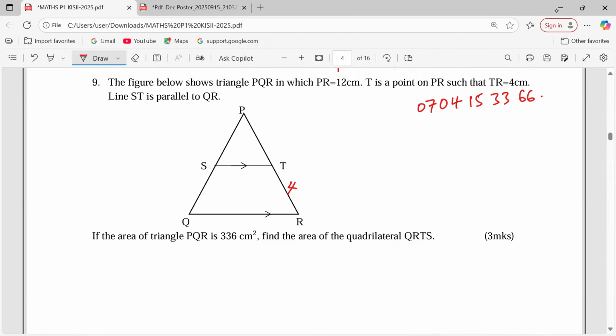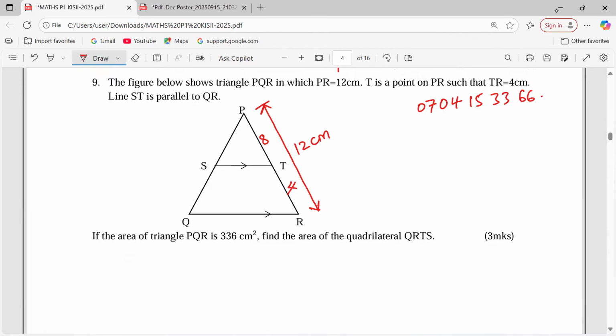So this is not, again, a simple question. People are supposed to analyze it with a lot of carefulness. PR is equal to 12. Then TR equals 4, meaning that P to T equals 8. This is 8.